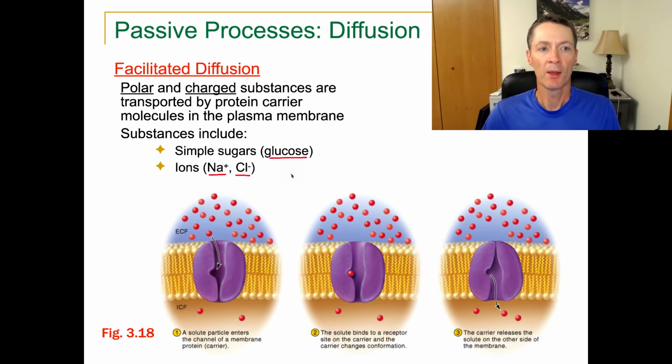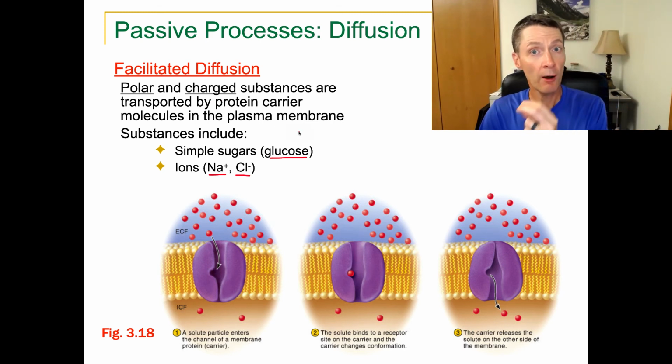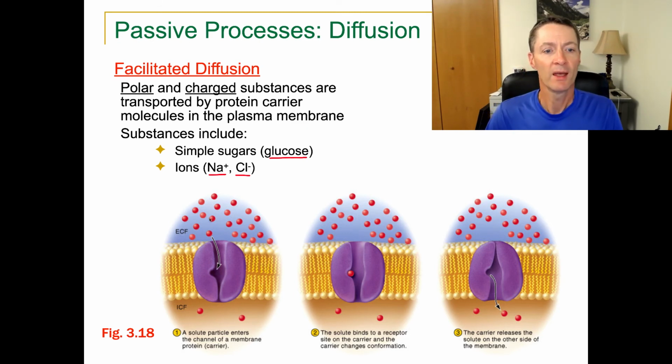So if it is large or charged, I'm thinking large and in charge, right? But if it's a large molecule or a charged molecule, it doesn't have to be big, it could be just charged, then it is not going to skip right on through here easily, right? Oily boundary.